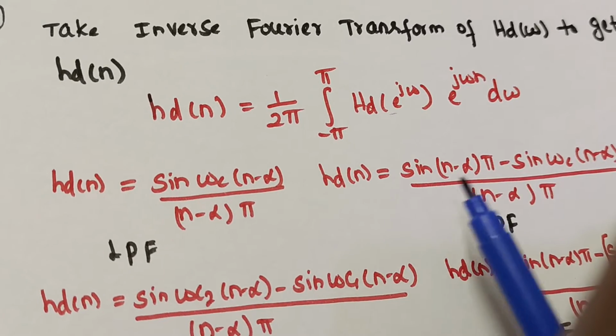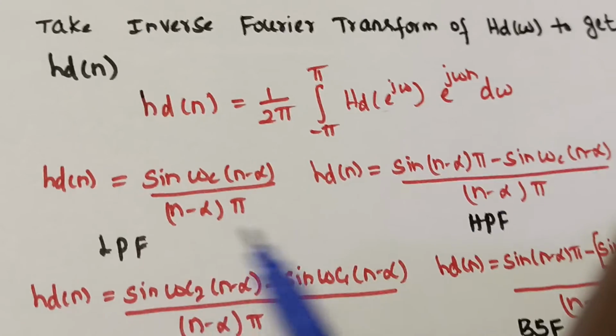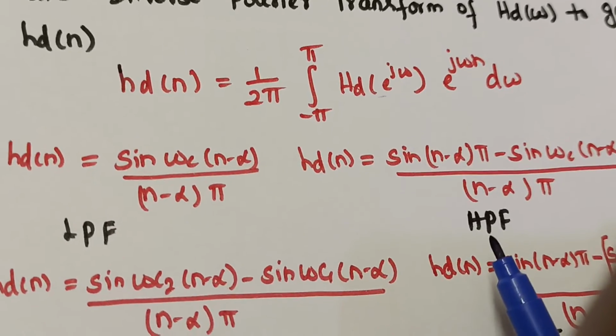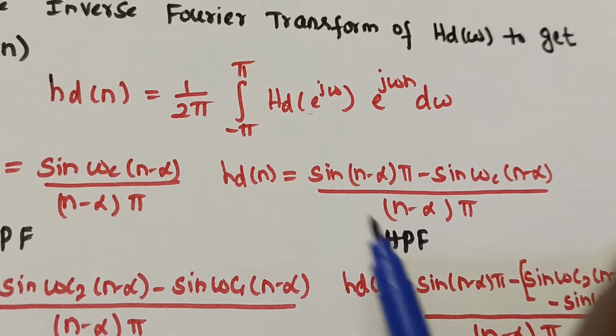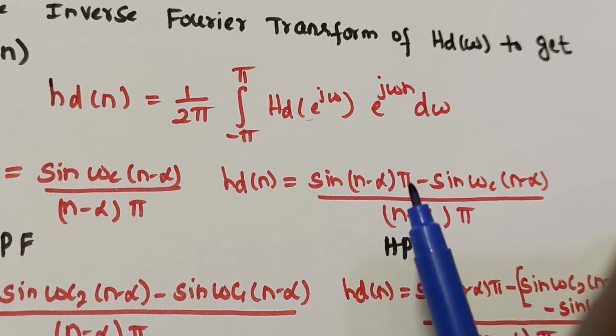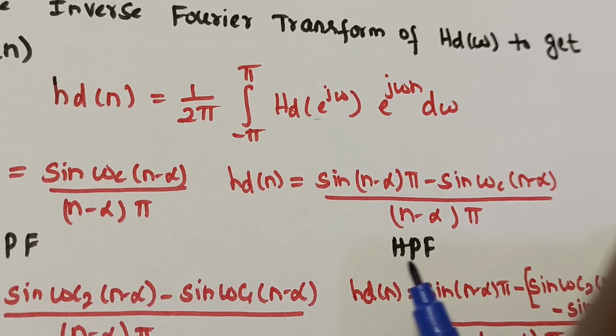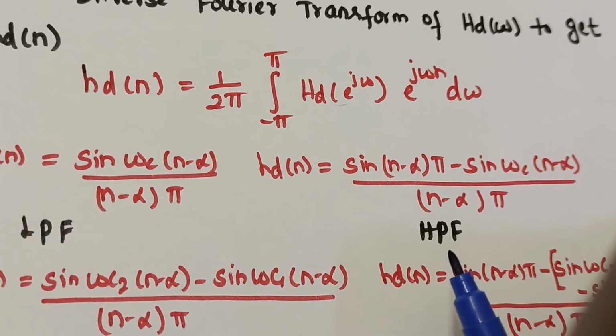So sin n minus alpha into pi minus the low pass filter's hd of n will give the high pass filter's hd of n. That is the additional term we have to include for the high pass filter hd of n.